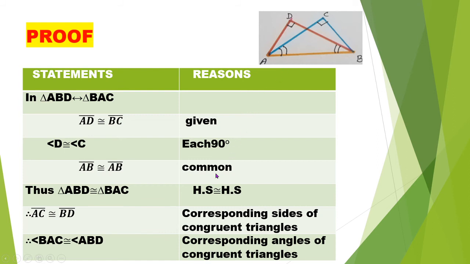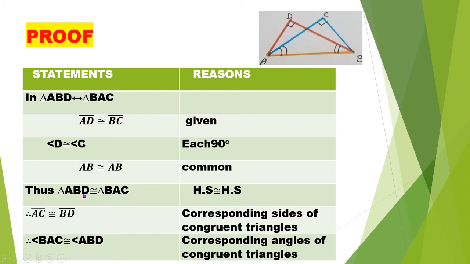So HS postulate will be used over here because the right angle, 90 degree angle, is congruent, the hypotenuse is congruent, and two corresponding sides are congruent. So HS postulate will be used over here.